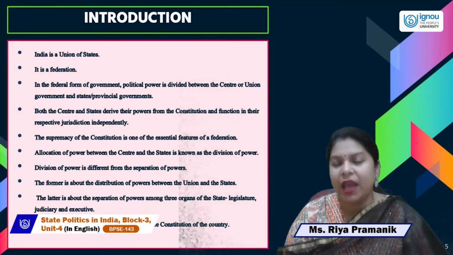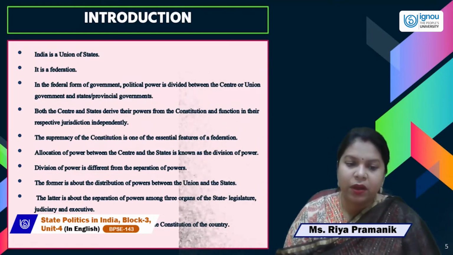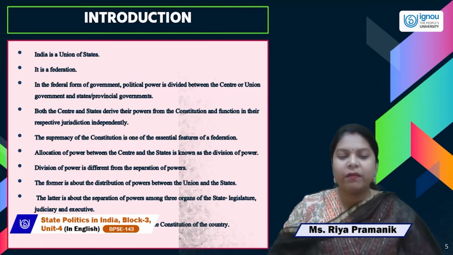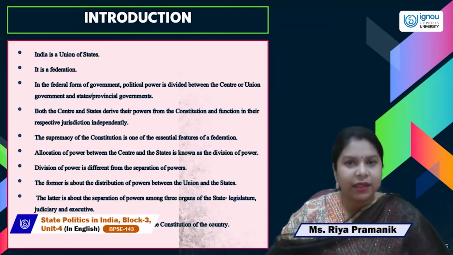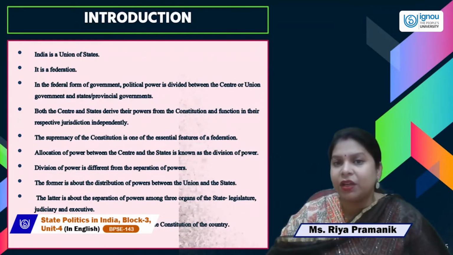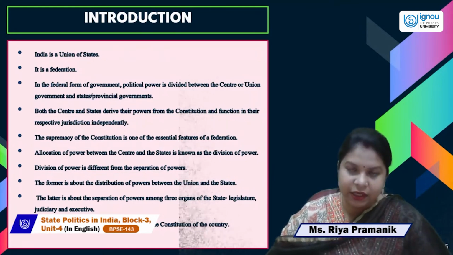We have to know that there is a difference between division of power and separation of powers. So what is division of power? It is the distribution of power between the union and the states, whereas separation of powers is the separation between the three organs of the state, that is legislature, judiciary and executive.